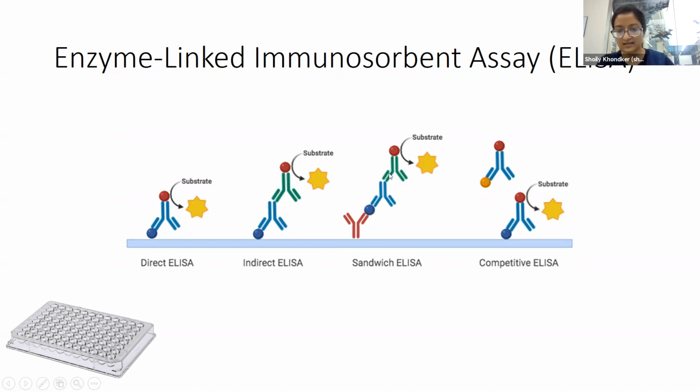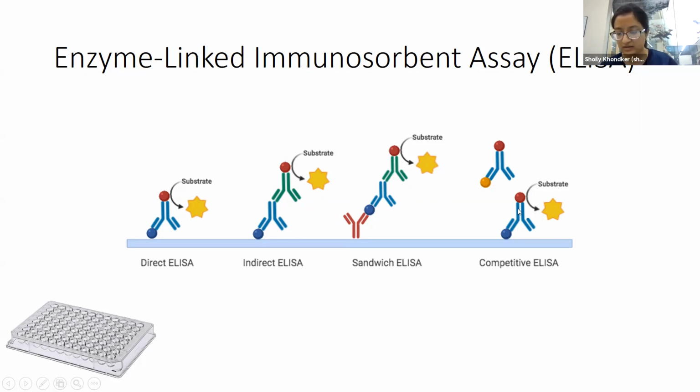Then a second antibody is added, and this is called a detection antibody. So this also binds the antigen. And then a third antibody is added, which is similar to the indirect ELISA. This third antibody detects the detection antibody. It's also conjugated to an enzyme, and then a substrate is added to yield a colorimetric signal.